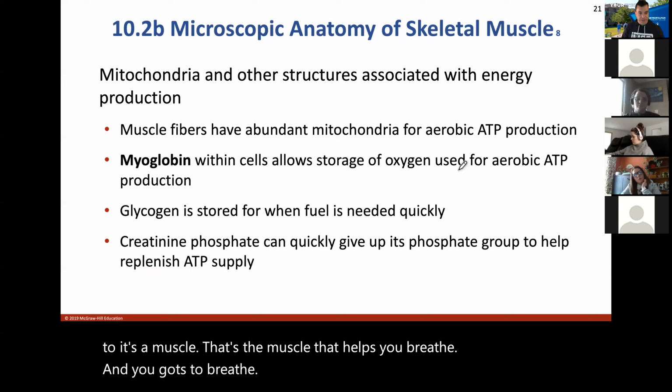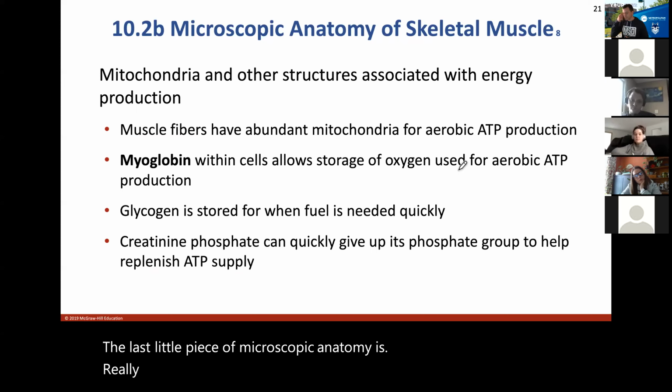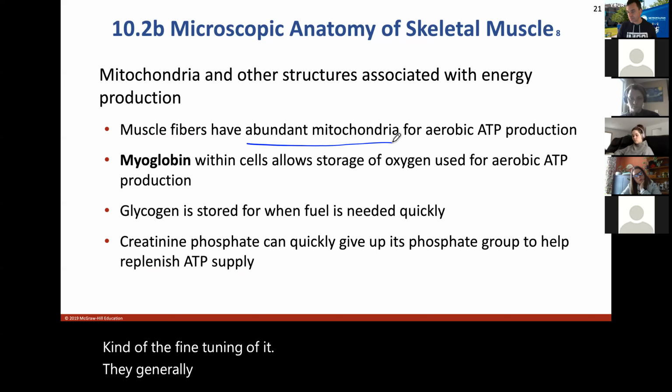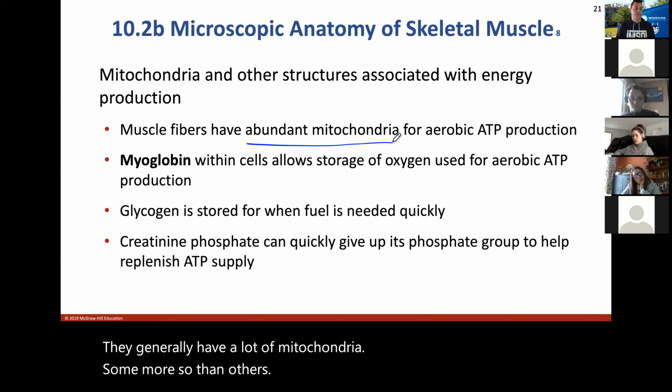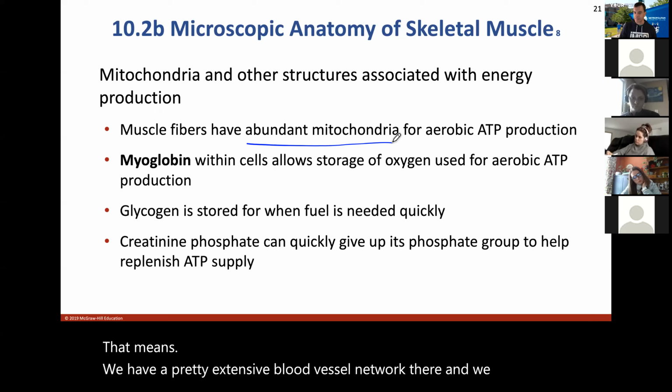The last little piece of microscopic anatomy is really more just kind of the fine tuning of it. They generally have a lot of mitochondria, some more so than others. If we have a lot of mitochondria, that means, well, we have a pretty extensive blood vessel network there, and we already established that earlier.